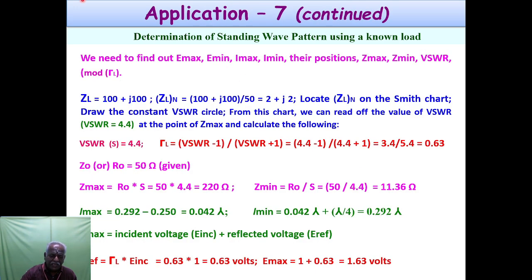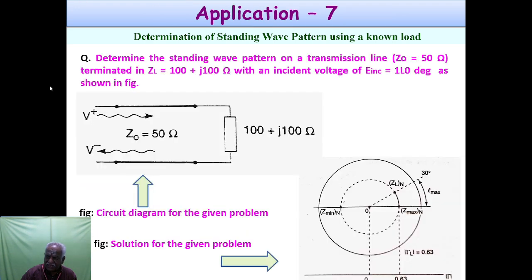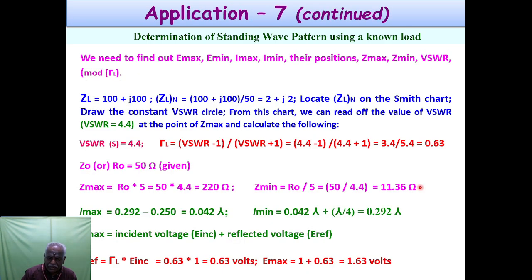Therefore we are writing it here: 0.292 is read here. For simplification it is not marked here. Starting from 0, this value will be 0.25, and if you travel again lambda by 4 distance, it is 0.5. So 0.292 minus 0.25, that is equal to 0.042 lambda.